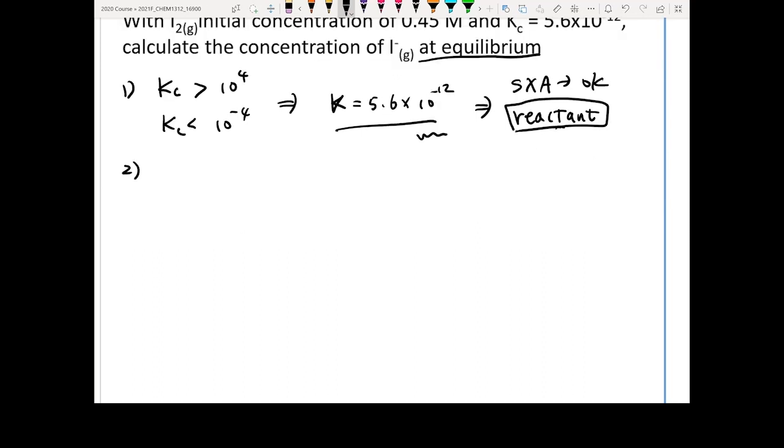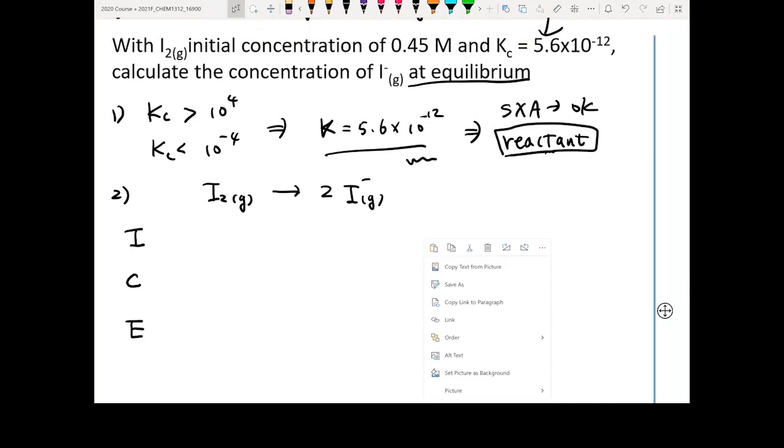What is your second step? The ice table, right? Okay, so in order to use your ice table, you want to write out your equation again. I2 in the gas form is going to become 2I minus in the gas form. Then typically you do I, C, E. So what is the initial concentration of I2? 0.45, right?